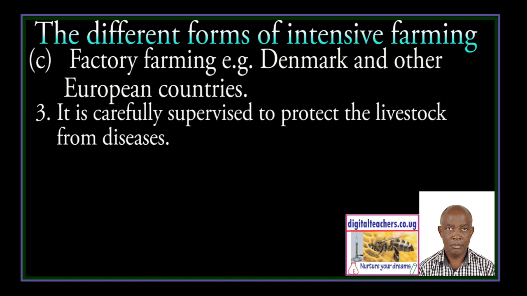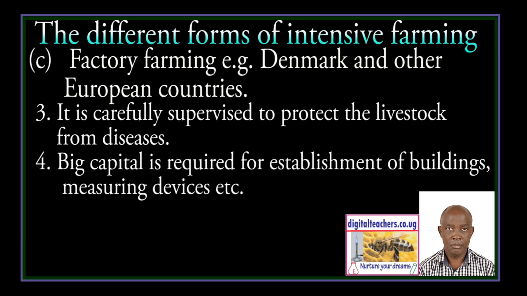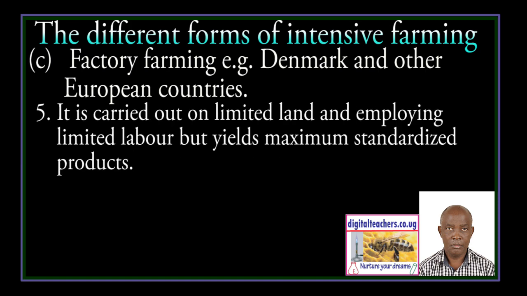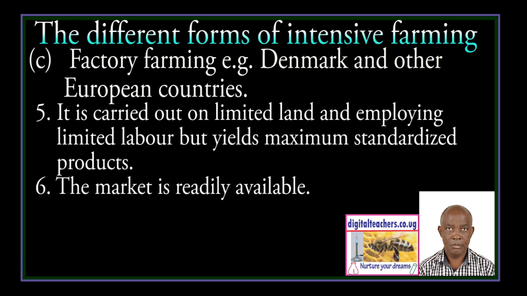It is carefully supervised to protect the livestock from diseases. Big capital is required for establishment of buildings, measuring devices, and so on. It is carried out on limited land, employing limited labor, but yields maximum standardized products. The market is readily available.